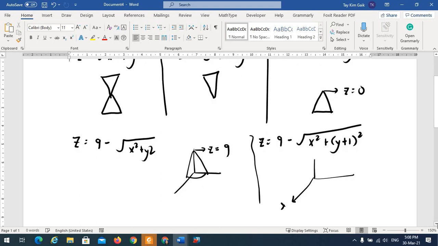This is x, this is y, and this is z. The cone is shifted to y equals negative 1, so shifted to somewhere here. And this center point is actually x 0, y negative 1, z 0.